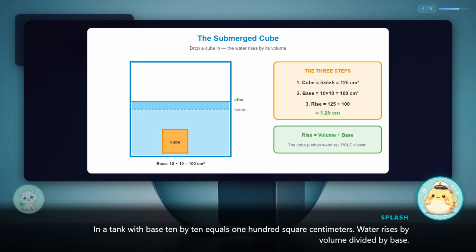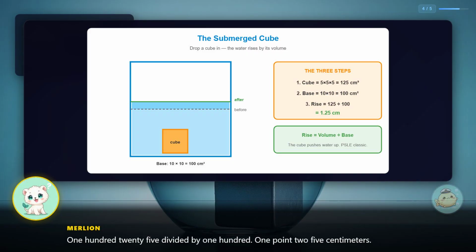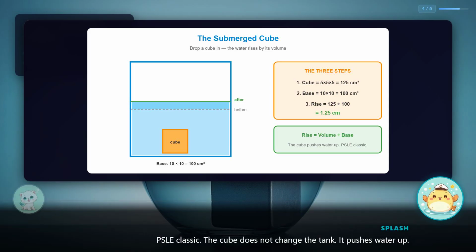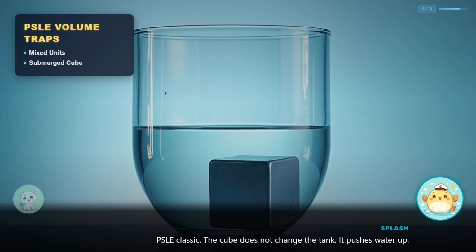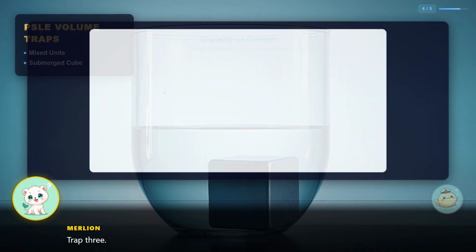In a tank with base 10 by 10 equals 100 square centimeters. Water rises by volume divided by base. 125 divided by 100 is 1.25 centimeters. PSLE Classic. The cube does not change the tank. It pushes water up.